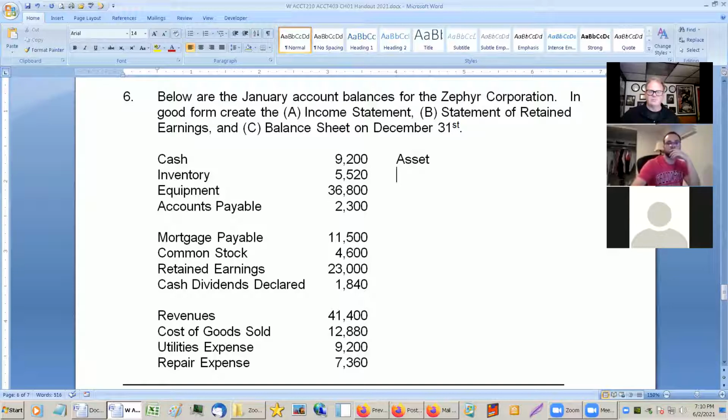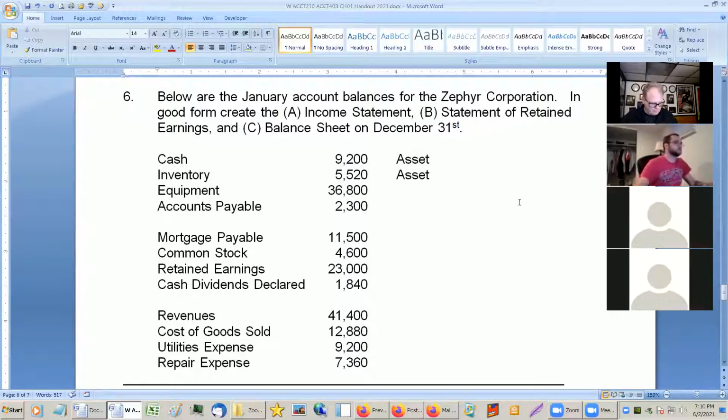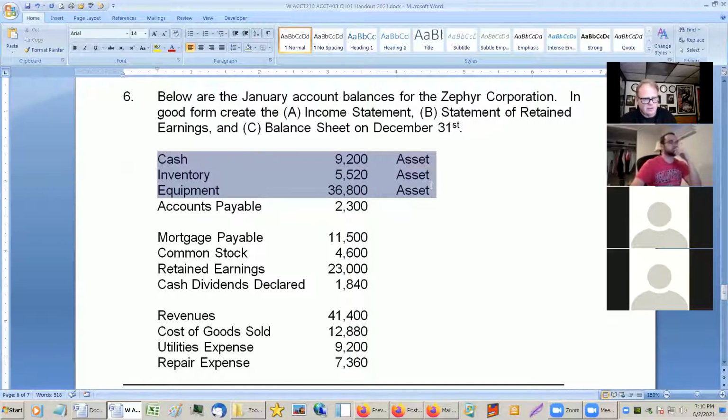Oh, wait, no, that would be an asset too, right? Yeah, because it has a value. Think about a Walmart or something. Equipment. Asset. So these first three are all assets, they all have a value.